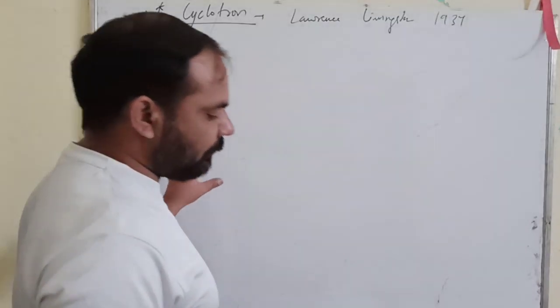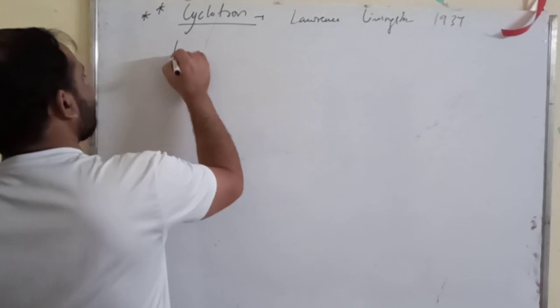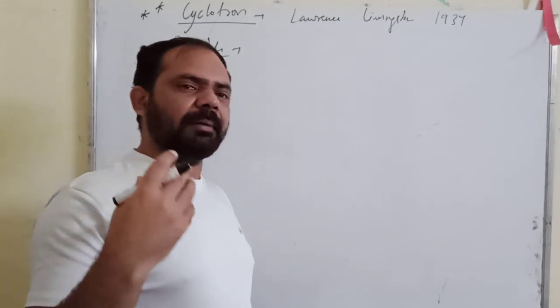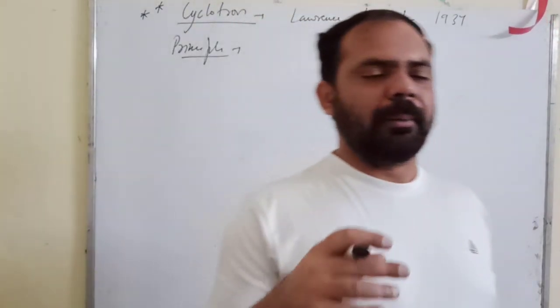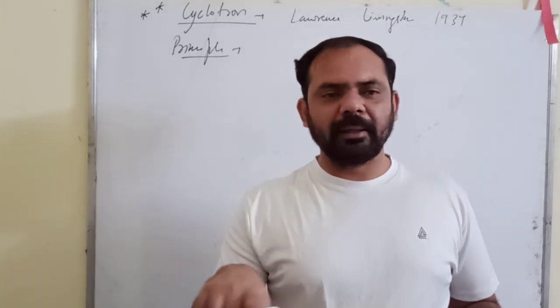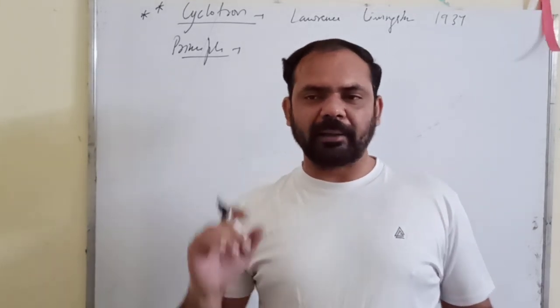Okay, so first of all, the principle. What was the principle? That if a charged particle is made to pass through an electric field again and again in the presence of a magnetic field.